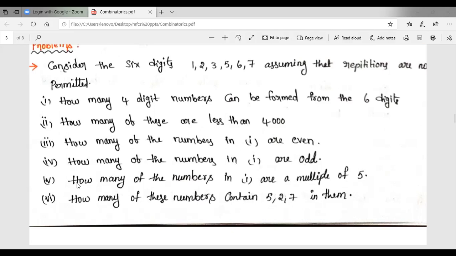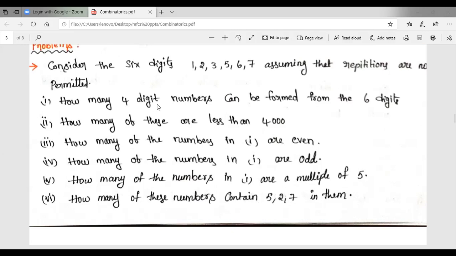Fifth question: how many of the numbers in one are a multiple of 5? Sixth question: how many of these numbers contain 5, 2, 7 in them?